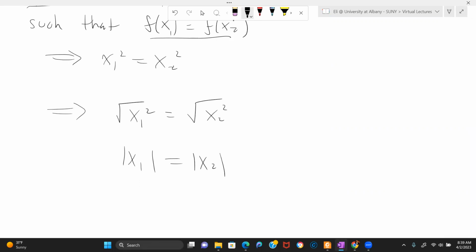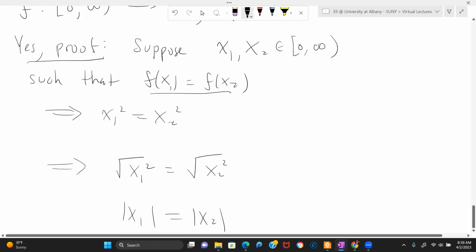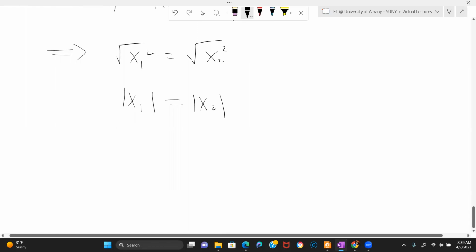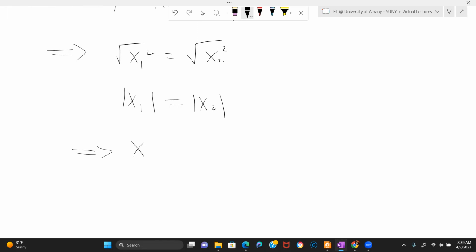So now this technically doesn't prove x1 is equal to x2. It just says the absolute value of x1 and x2 are equal. But here's the critical assumption. Don't forget what you're assuming. You're assuming that x1 and x2 are non-negative numbers. So that implies that the absolute value of x1 is just x1, and the absolute value of x2 is just x2. So this does in fact imply that x1 is equal to x2.